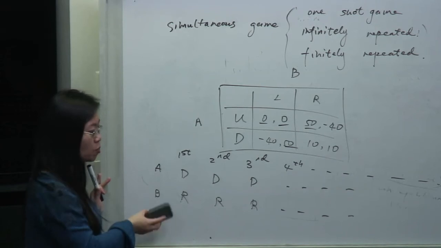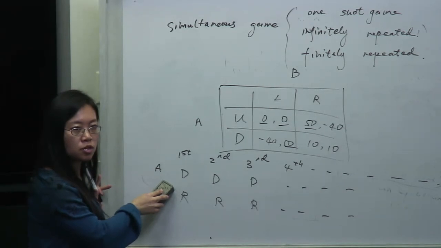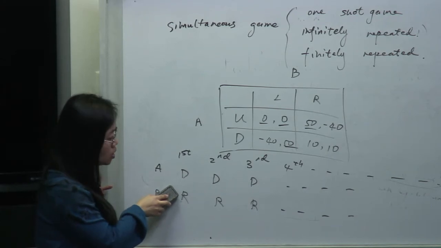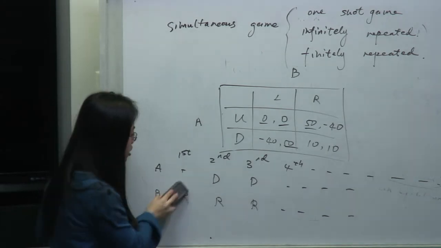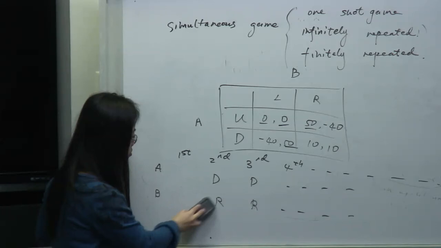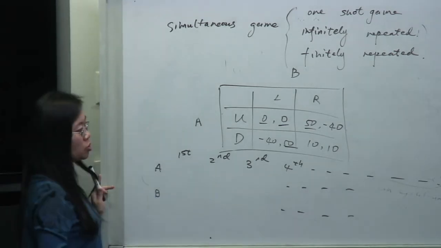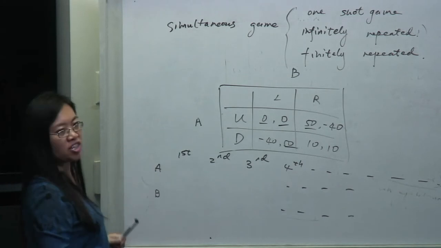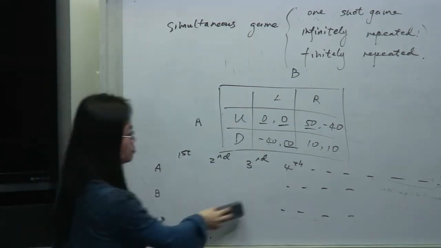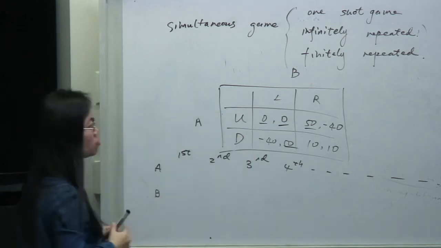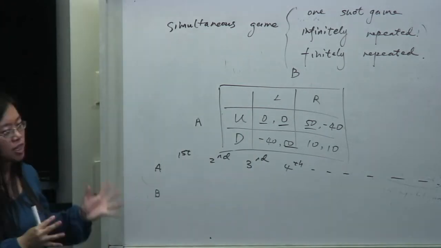Before we talk about this strategy profile, everybody's with me here? I want to ask you guys, what is one Nash equilibrium that is very easy to identify? Not this one. There is a strategy profile that is obviously a Nash equilibrium.